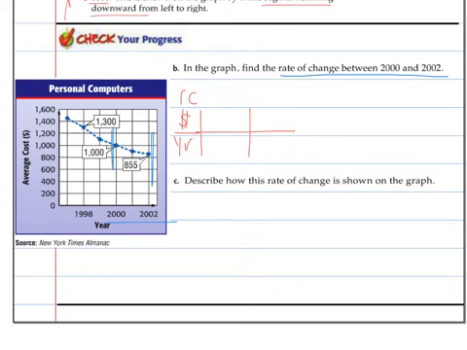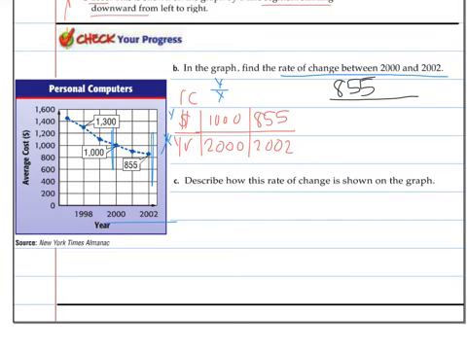So the cost in 2000 was 1,000. And the cost in 2002 was 855. So rate of change, I'm really doing change in y over the change in x. So I'm going to do 855 minus 1,000, from 2002 to then in 2000.